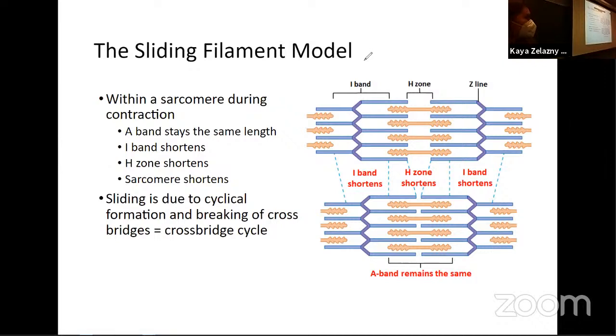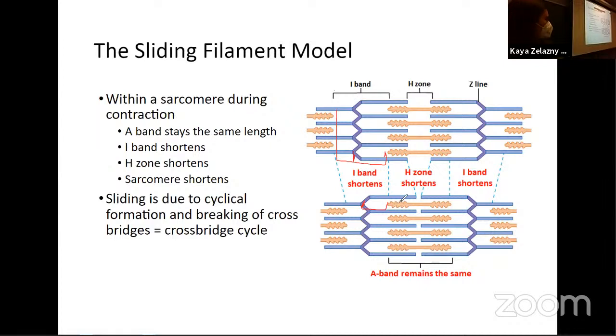So we're going to see a couple of regions shorten. Our I band here is the region where we had actin but no myosin. So as these filaments slide past each other, as the sarcomere shortens, we're seeing this distance, say from here to here, get a little shorter, not necessarily super obvious in this image, but we're changing how much overlap there is.